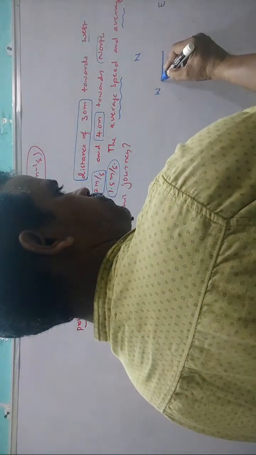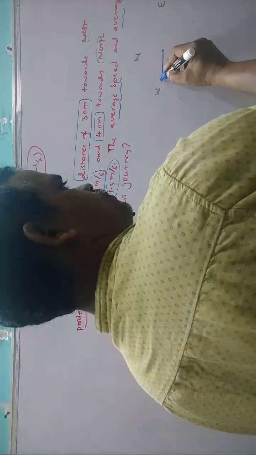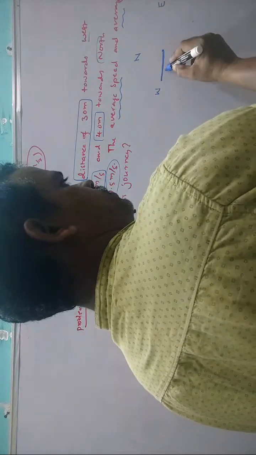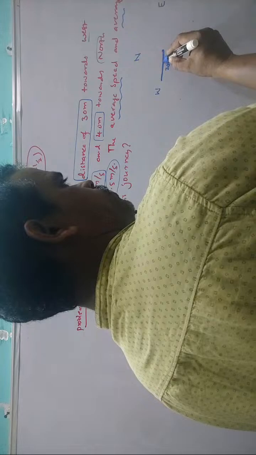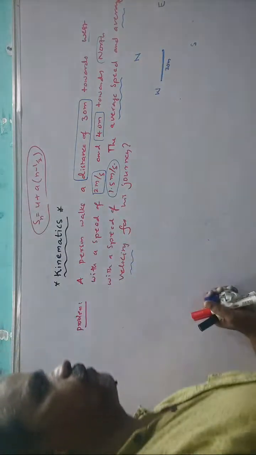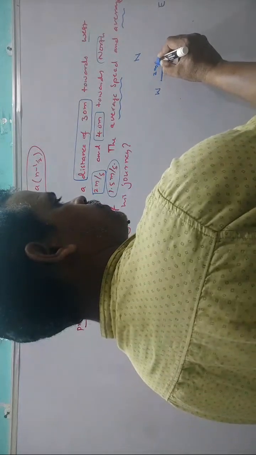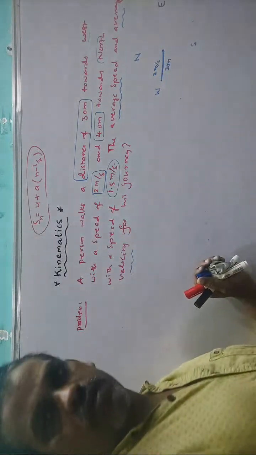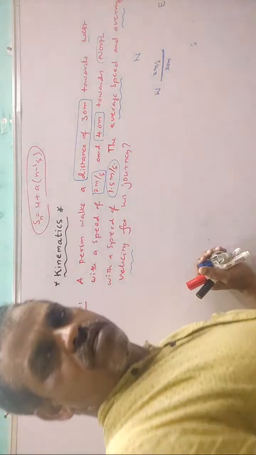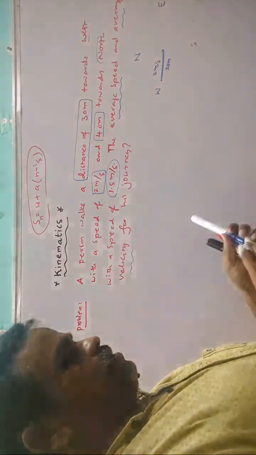Here a person walks 30 meter towards west with a speed of 2 meter per second. See, you just observe the question clearly.